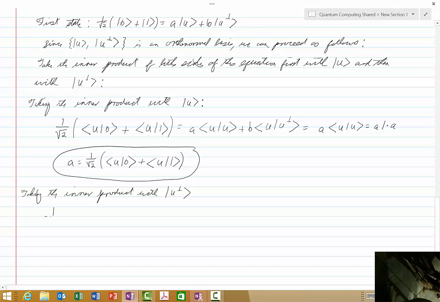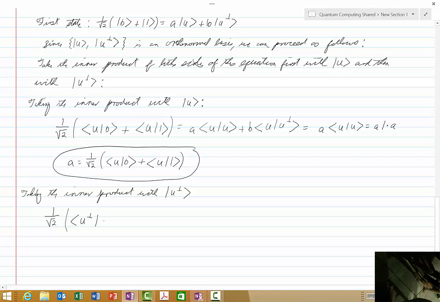What we will have is 1 over square root of 2. Well, let's see, just to remind you, this is the equation right here, and we're going to take the inner product of both sides now with u orthogonal. So if we do that, we get the following.